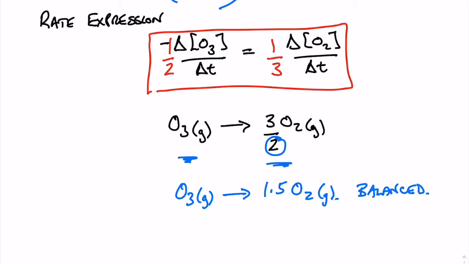because what we're saying is we had three oxygens over on this side. There were 3 of them, and over here we're saying we've got 1.5 times 2, which of course gives us 3 oxygens as well.